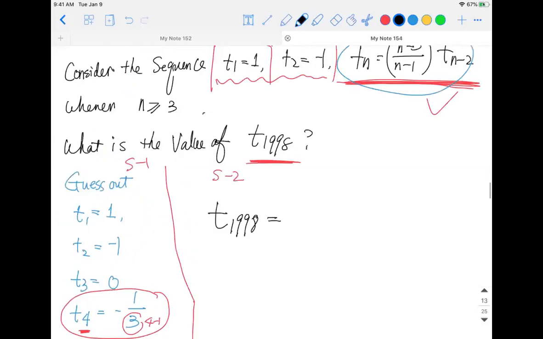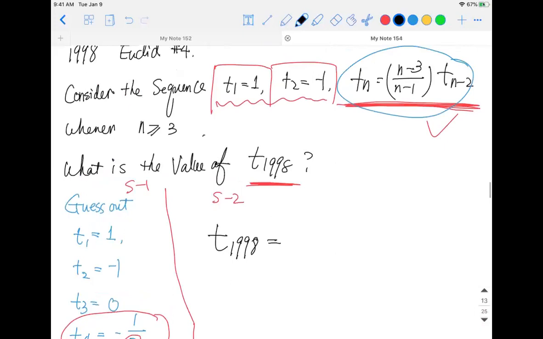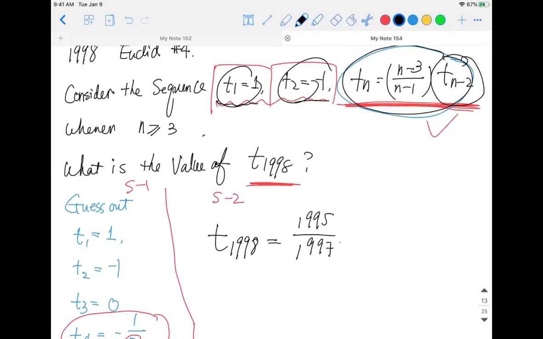According to the definition, I have no idea about 1998, but I know something about T1, T2, T3, so I need to lower down the number from 1998. This guy also works for 1997 times 1995 times T1996. I'm lowering down two numbers by using the recurrence formula.